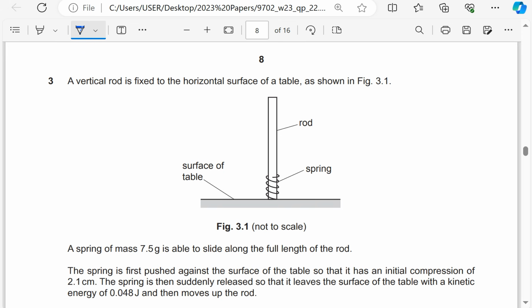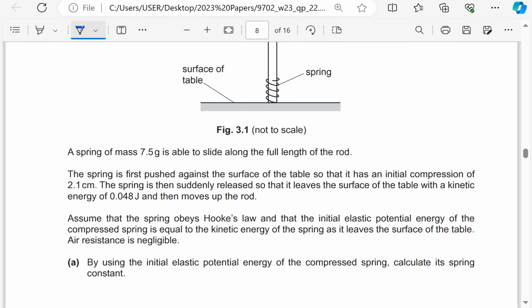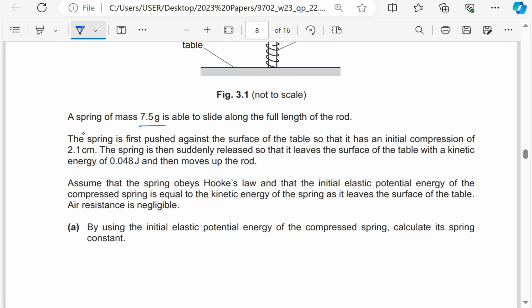Question number 3. A vertical rod is fixed to the horizontal surface of the table as shown. A spring of mass 7.5 grams is able to slide along the full length of the rod. The spring is first pushed against the surface of the table so that it has an initial compression, I'll call that x.